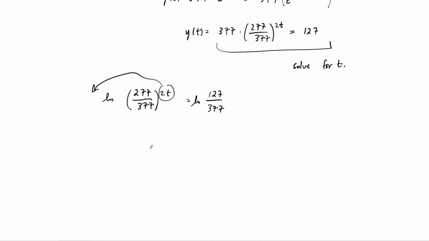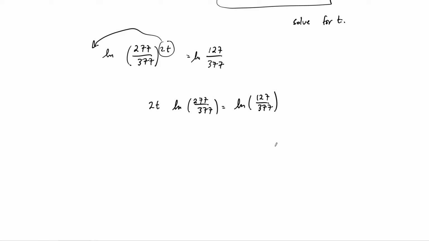And so here we have 2 times t times this natural log, 277 over 377, equals natural log of 127 over 377.